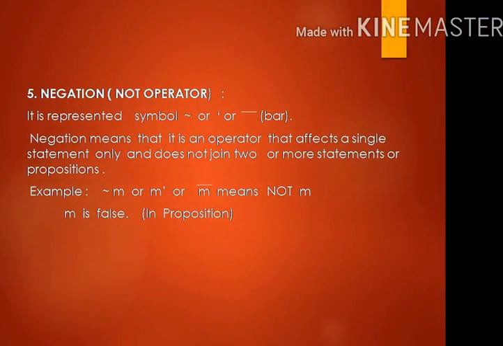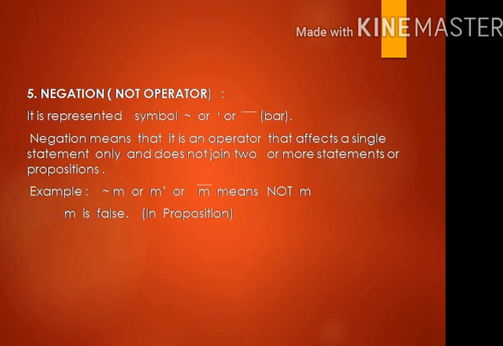The next slide is about negation operator. What is the negation operator? It is represented by the symbol approximate, dash or bar.